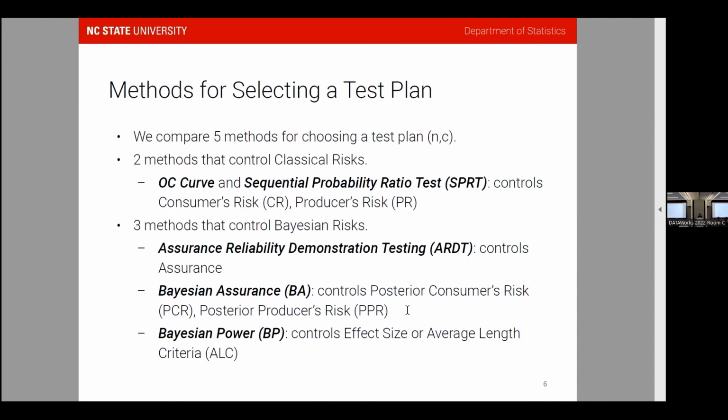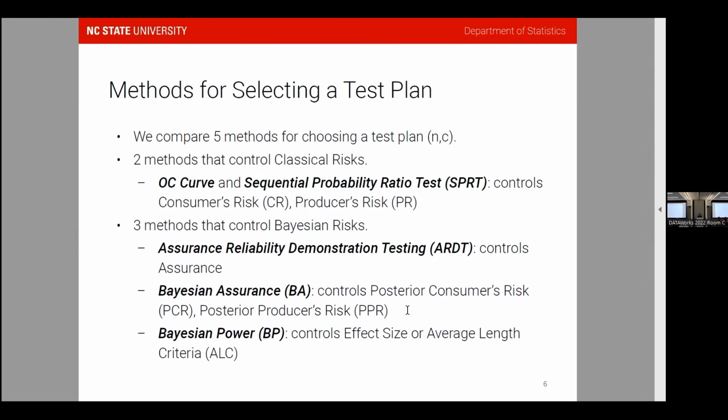And to answer the second question we introduce 5 commonly used methods for choosing a test plan, N and C. And we have 2 methods that control the classical risk, which are the OC curve and the SBRT, which controls the consumer's risk and the producer's risk simultaneously. And we here have the 3 methods that control their own set of Bayesian risks.